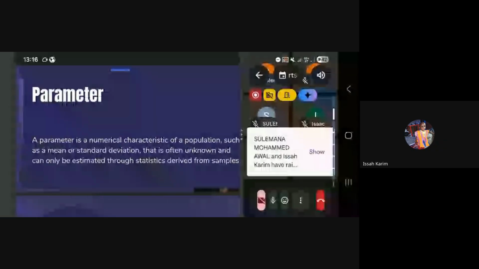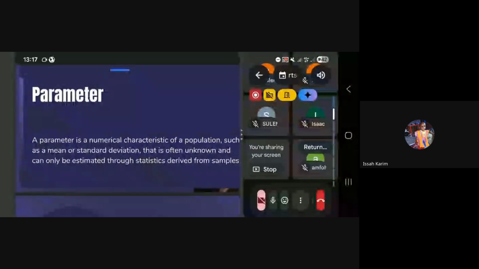Go ahead. For example, as we looked at the measurement scales, for example the ordinal, we said we have some parameters that we use to describe them.